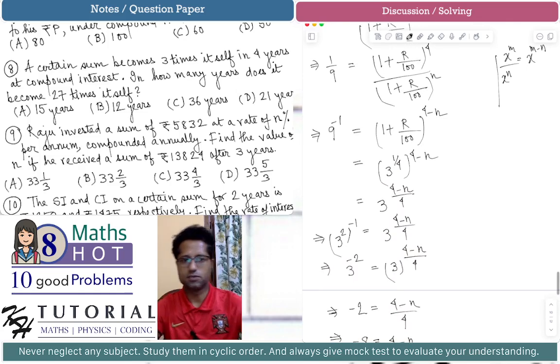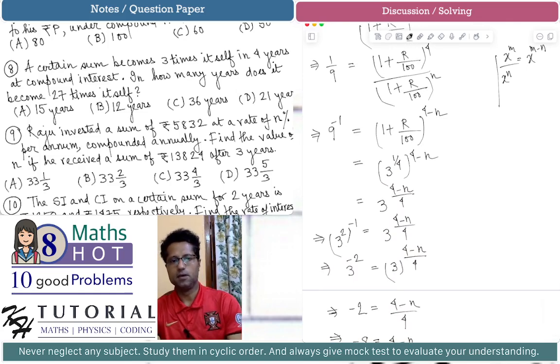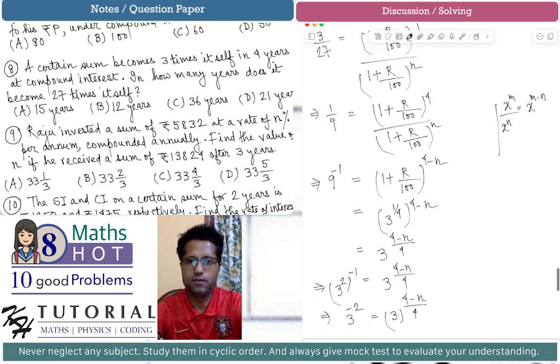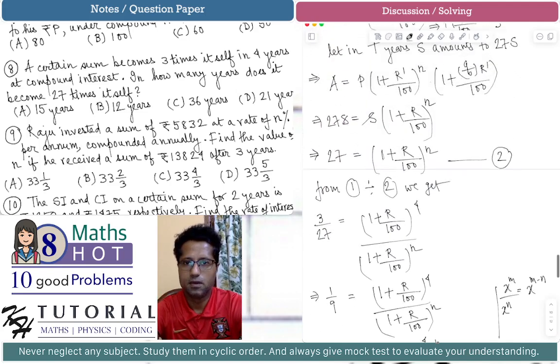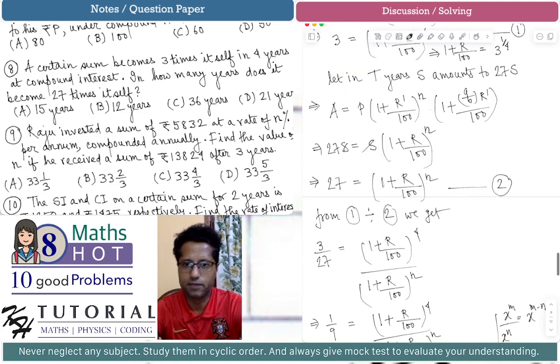Since the choices are given to be integers, t is an integer, and we have assumed that after t years the sum amounts to 27s.